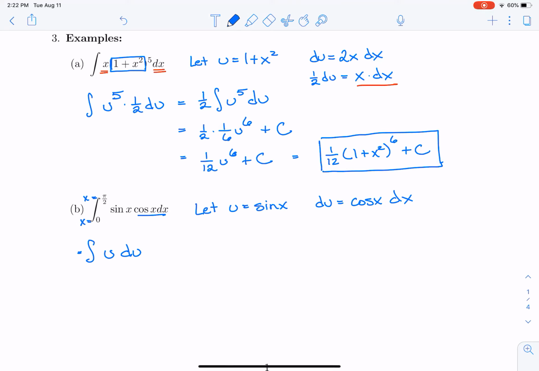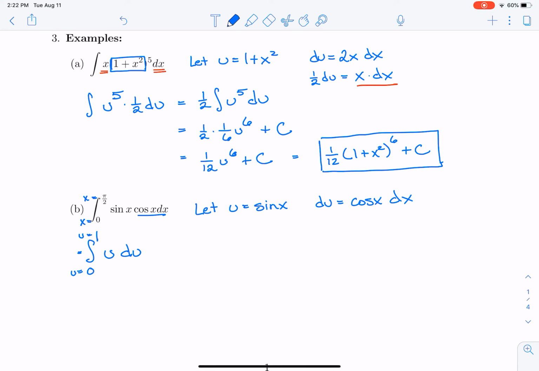Okay, so if x is 0, then I should notice that sine of 0 is 0. So u here is just 0. And then if x is pi over 2, the sine of pi over 2 is 1. So this integral is actually from 0 to 1, if I'm thinking about it as u equals 0 to u equals 1.